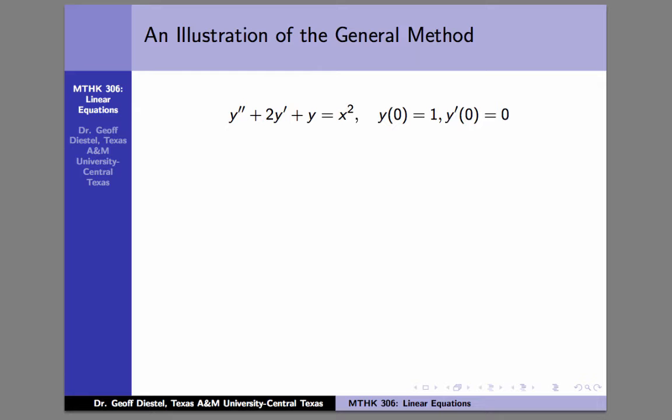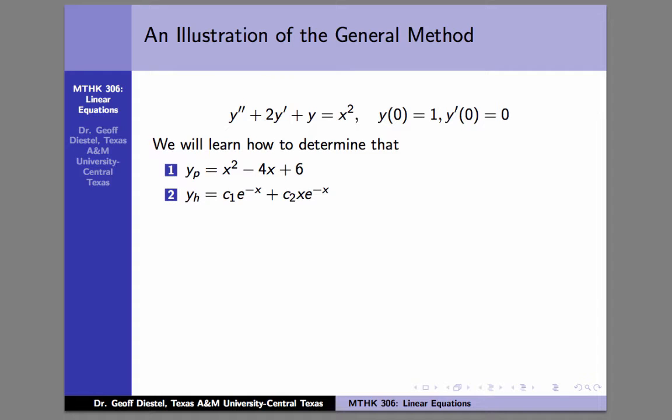So here's our problem. We found our particular solution, which we'll discuss later how to do. We found our general solution to the homogeneous problem, which we will discuss in the next video. And we construct, by adding those two together, our general solution y.